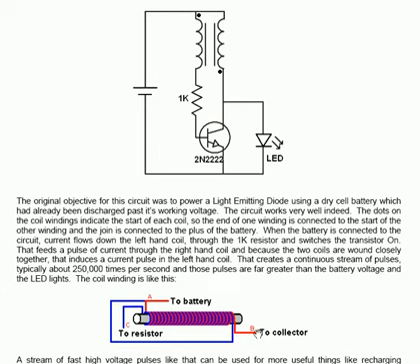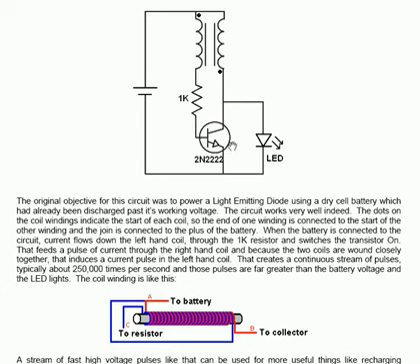The original objective for this circuit was to power a light emitting diode using a dry cell battery which had already been discharged past its working voltage. The Joule thief circuit works very well indeed.